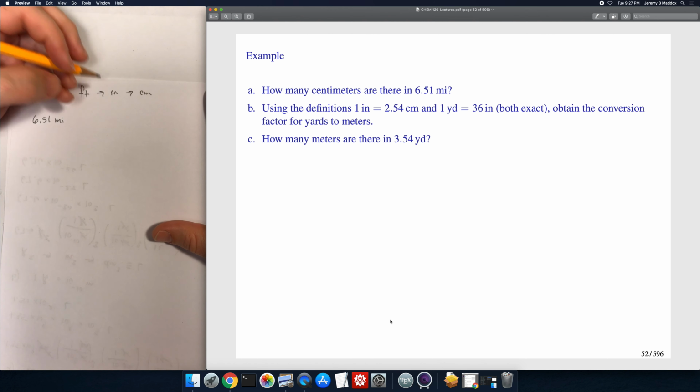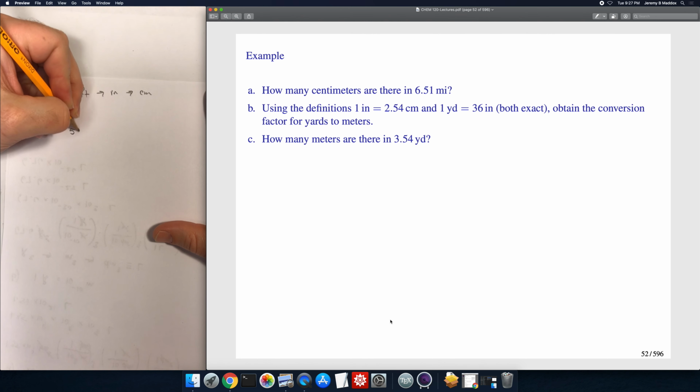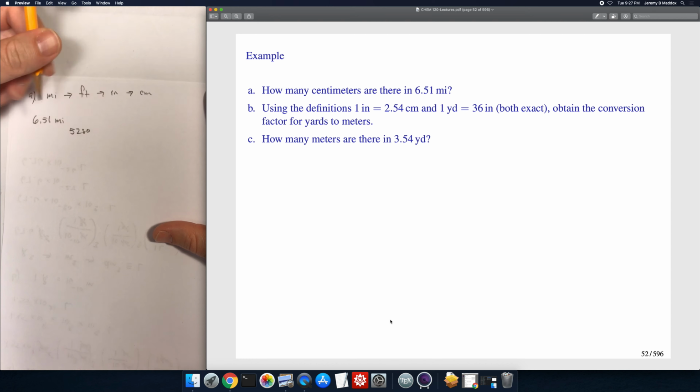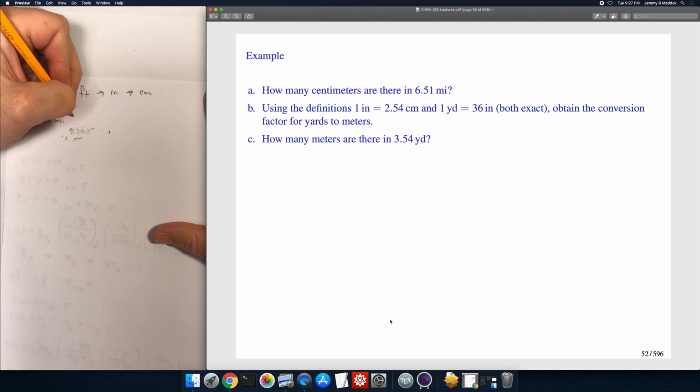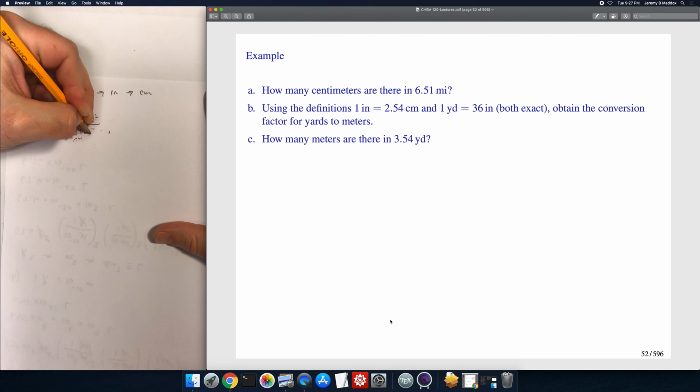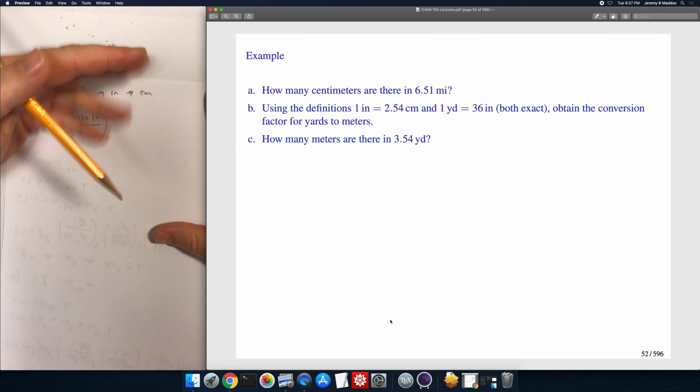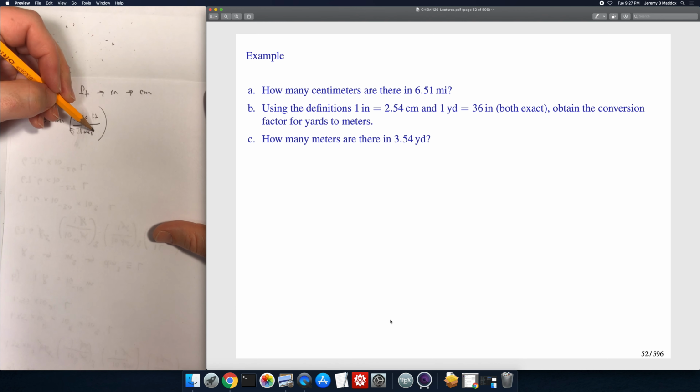We want to cancel the miles, and so there's 5,280. Oops, I got that in the wrong place. There are 5,280 feet in 1 mile. So I caught myself. I would have the wrong unit in the denominator. I want to cancel the miles so that I have feet.